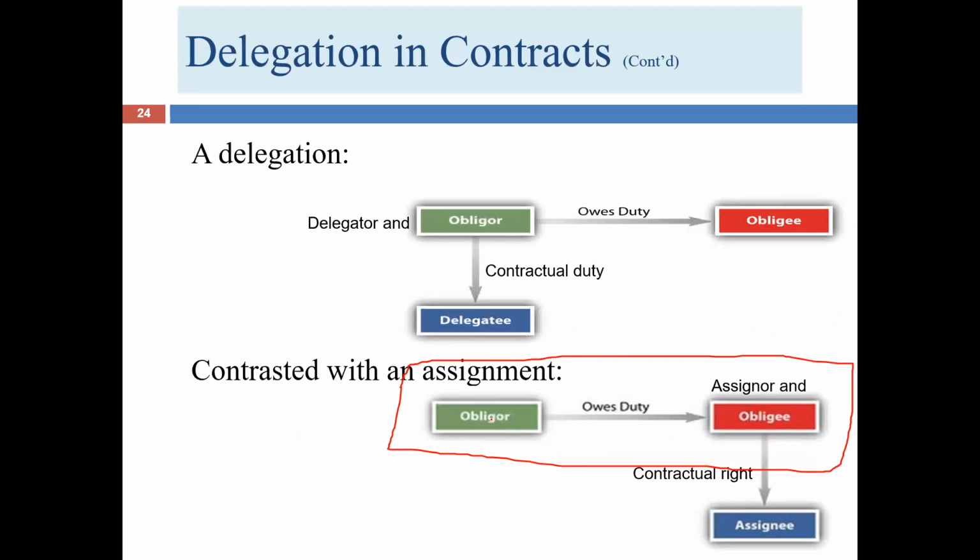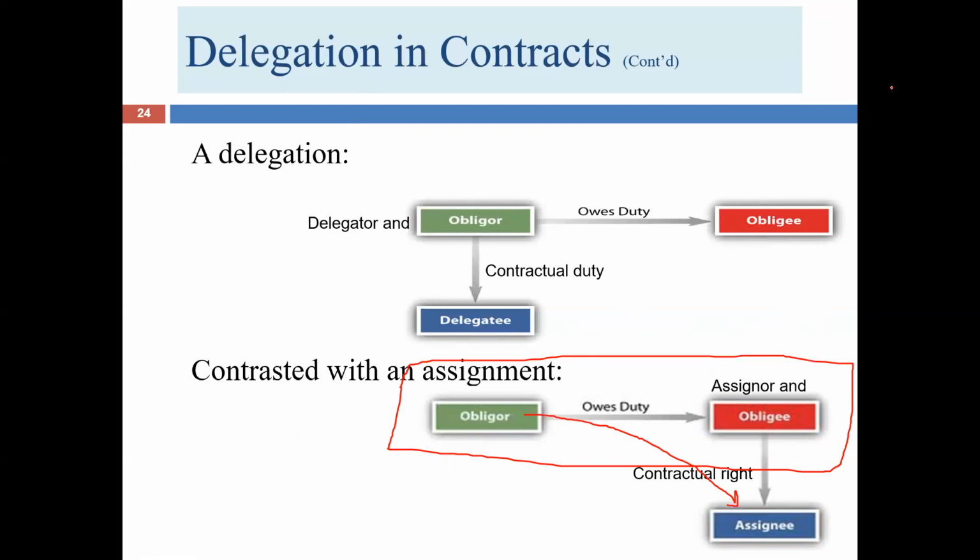But we're focusing on one particular obligation, and for that one, the obligor owes a duty to the obligee. The obligee has chosen to assign that duty, not sign the duty, but sign the right to receive that duty to an assignee. So this obligee becomes an assignor, and he or she assigns the duty to the assignee. So now the obligor doesn't have the duty to the obligee anymore, but actually has the duty to the assignee.